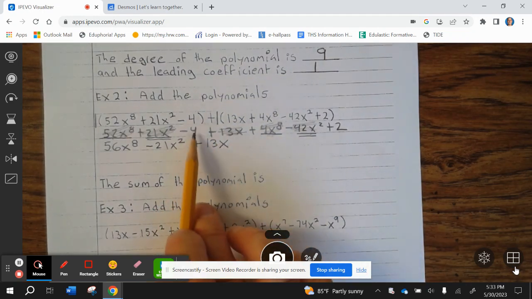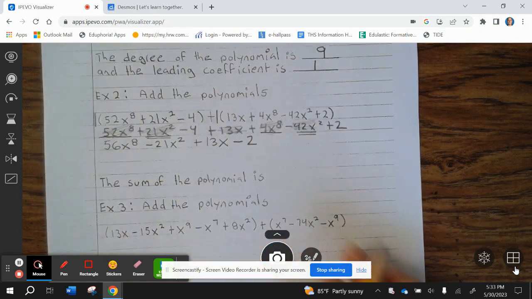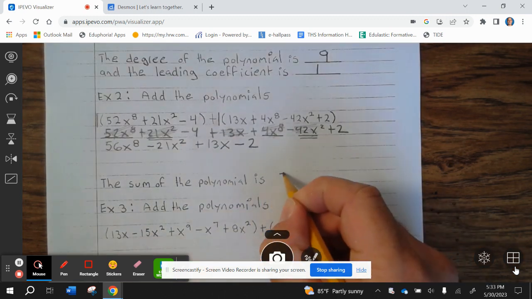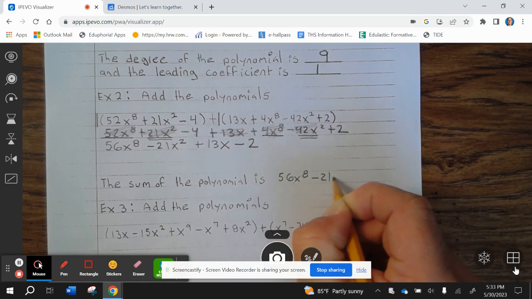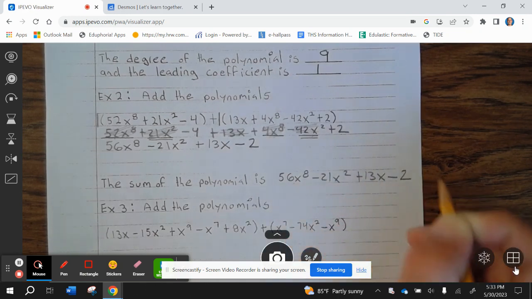Done with that. And then negative 4 plus 2 is minus 2. So the sum of the polynomials is 56x to the 8th minus 21x squared plus 13x minus 2.